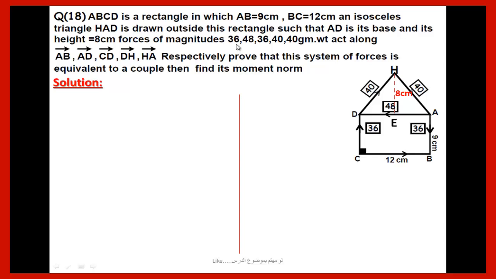So the first force, 36, acts along AB in the direction of the ray AB. The second force is 48, acting in the direction AD, in the direction of this arrow.